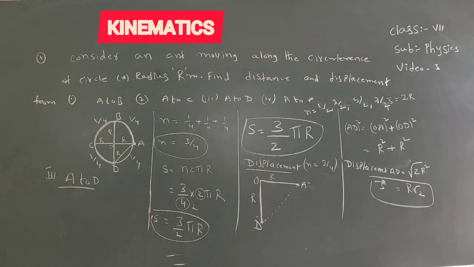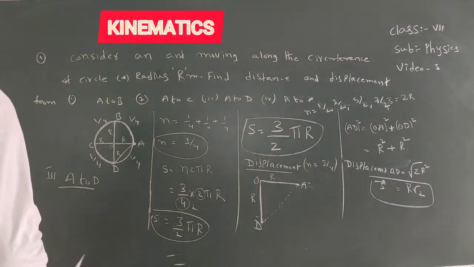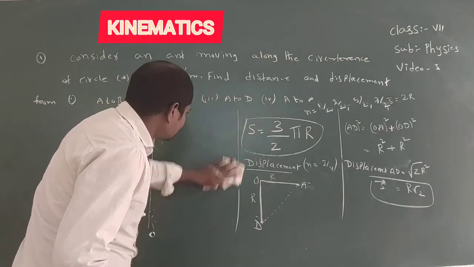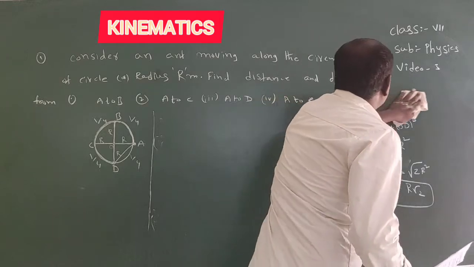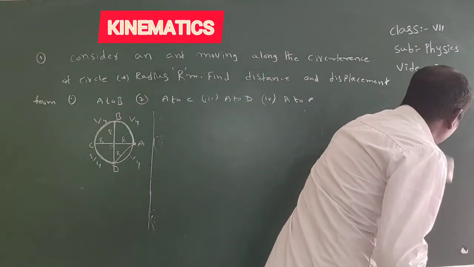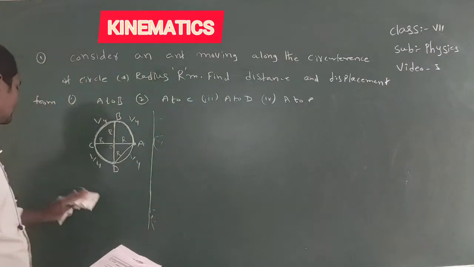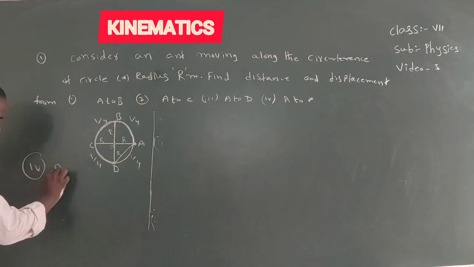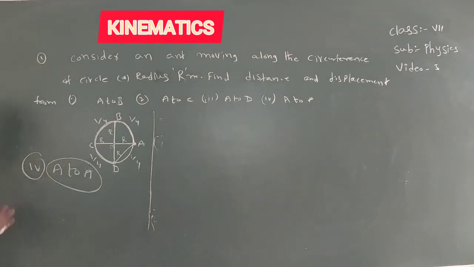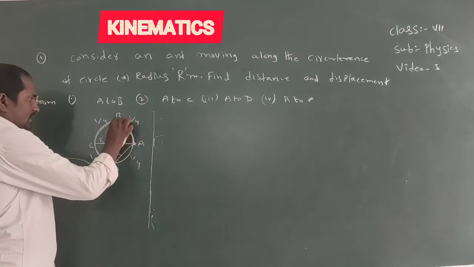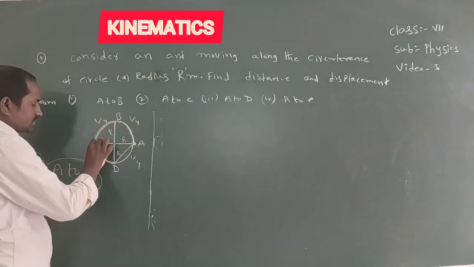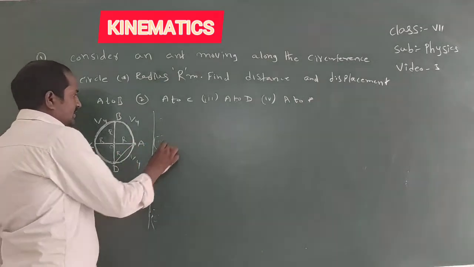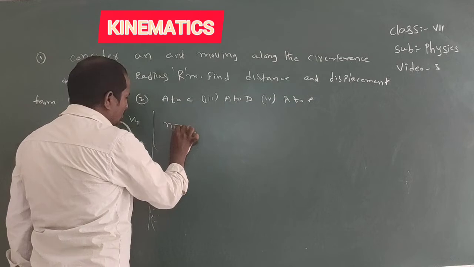Now the last one. If a hand is moving from A to A, then find the distance and displacement. Your hand is moving from A to B, B to C, C to D, and D to A. So here find first the n value. n equals how many times here?